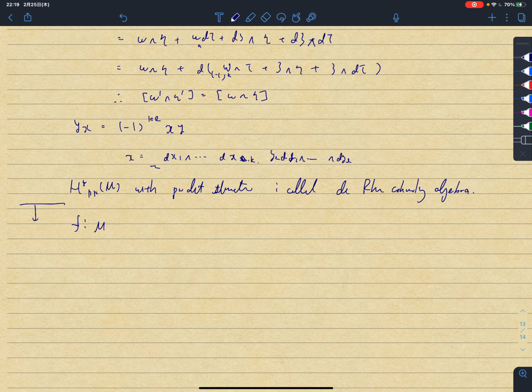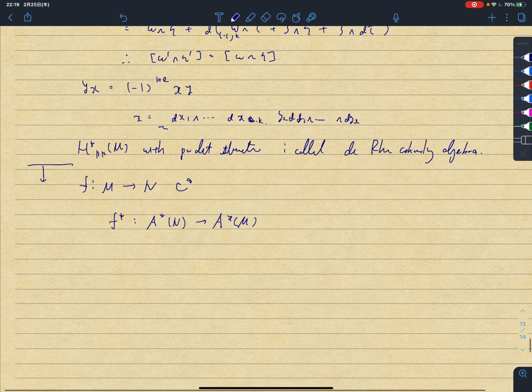Since a pullback is defined on k-forms, we can define the pullback of differential forms by f. It induces a homomorphism f^*.